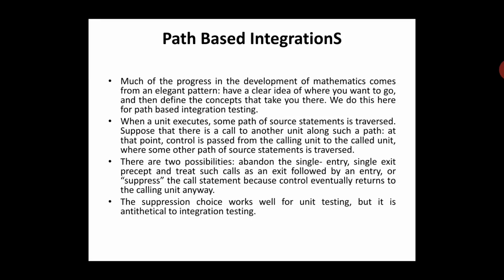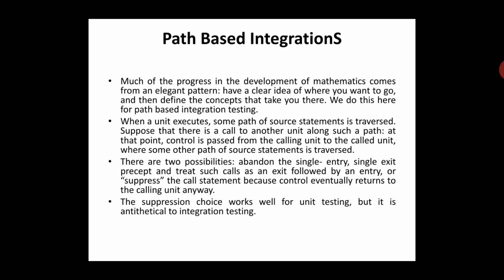So when a unit executes, when a module executes, some part of source statement is traversed, right? Suppose that there is a call to another unit along such a path. At that point, control is passed from the calling unit to the called unit, right?